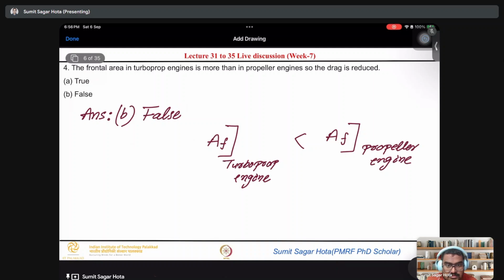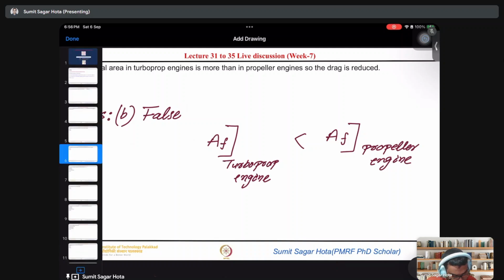So the frontal area of a turboprop engine is less than the frontal area of the propeller engine.